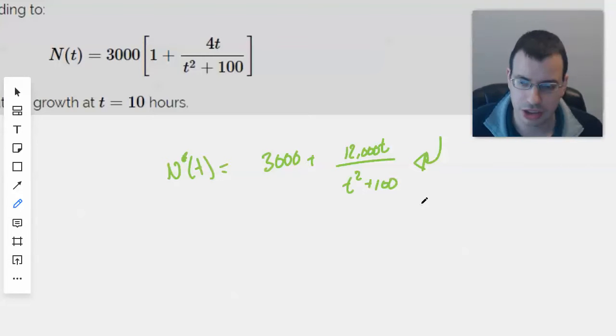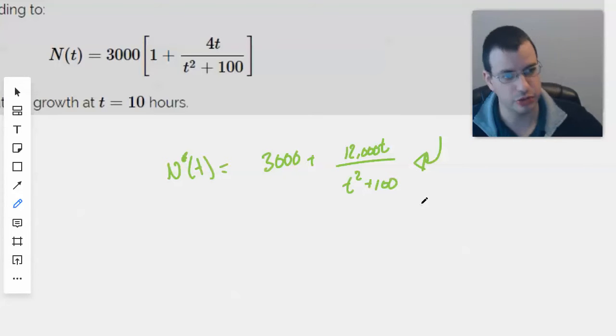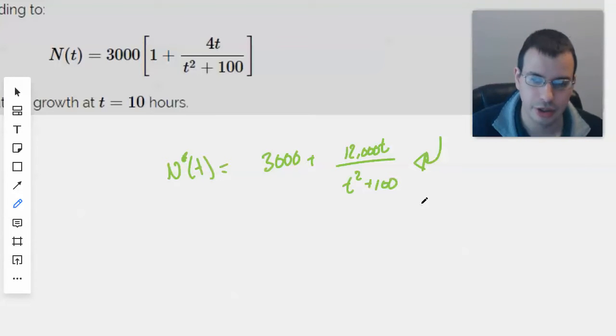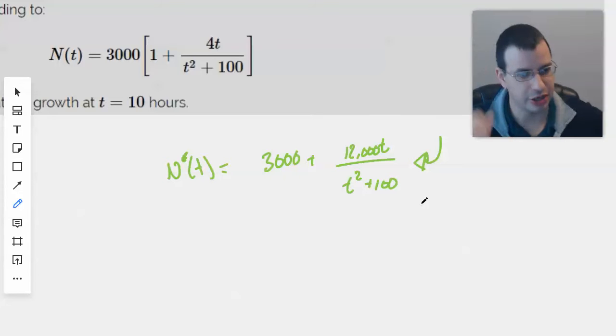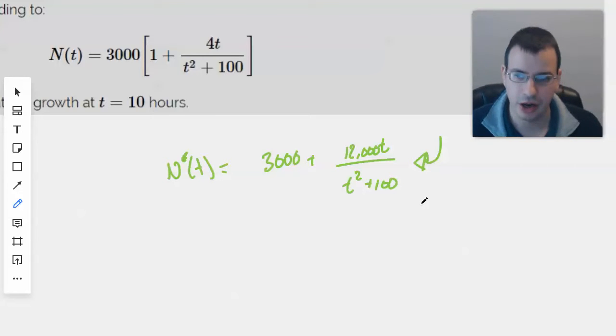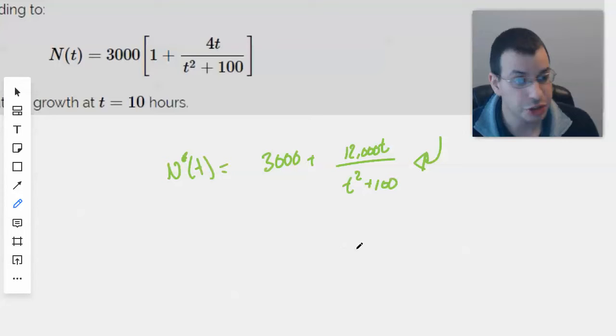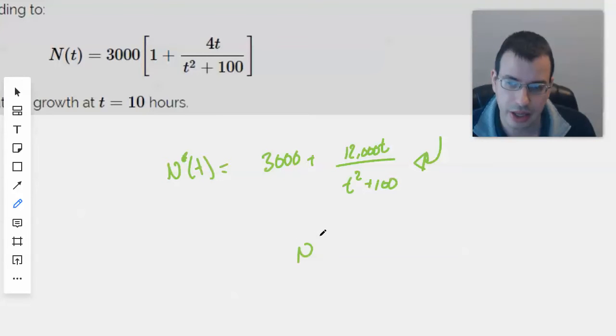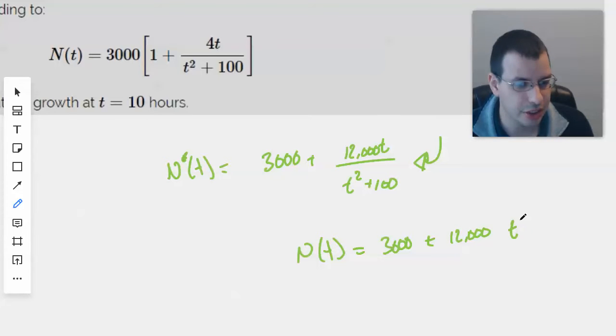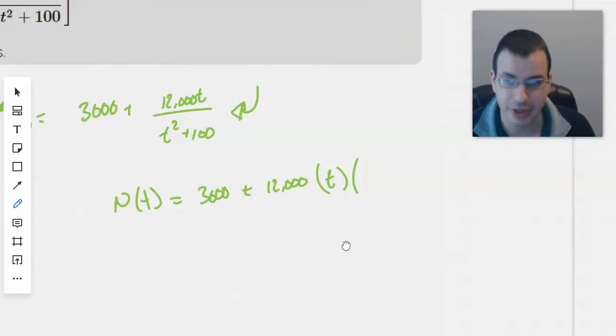I disavowed the quotient rule, eschew, if you want to use an obscure word that's useful for various standardized SAT type tests. I just use the product rule. So I will rewrite this as n of t equals, I'm going to still leave in 3,000, even though I know that once I do the derivative, that 3,000 is going to go away because it's a constant.